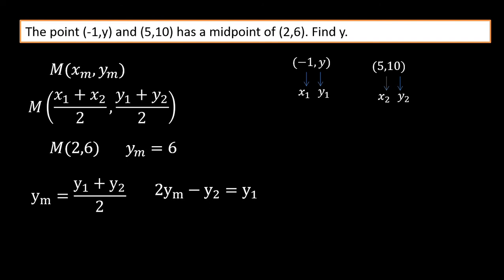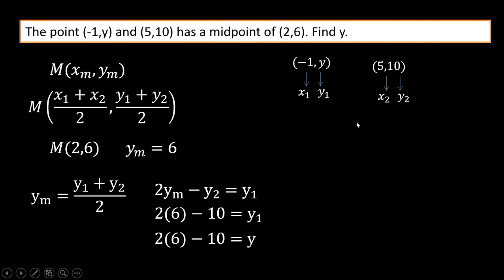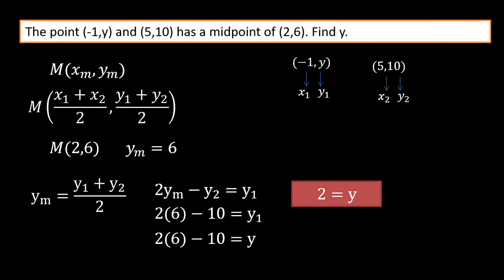And we substitute y sub m, y sub 2, and y sub 1. This now becomes 2 times 6 minus 10, and our y sub 1 is y as shown here. Therefore, 2 times 6 minus 10 is equal to y, and our y now is equal to 2. So that is now the answer, that is the y.